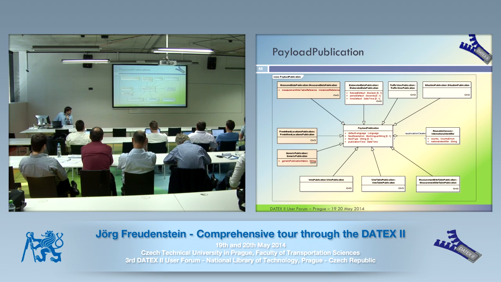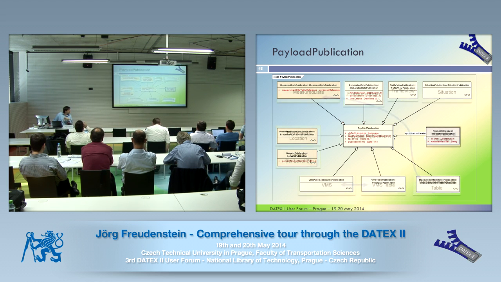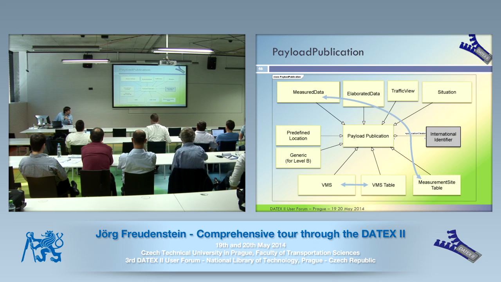You might remember that this means it is an is-a specification, so the payload publication does not have all these elements, but you specify a payload publication which is of type this, or this. Only this small class here is a really aggregated class, where you have to specify some header information. And all these things you see around here are the things I explained before.